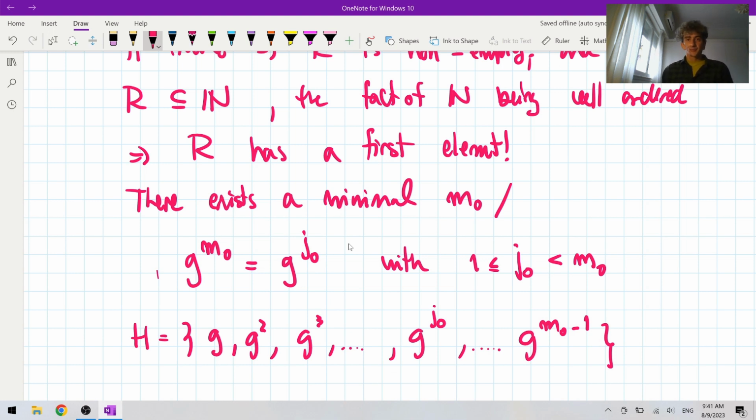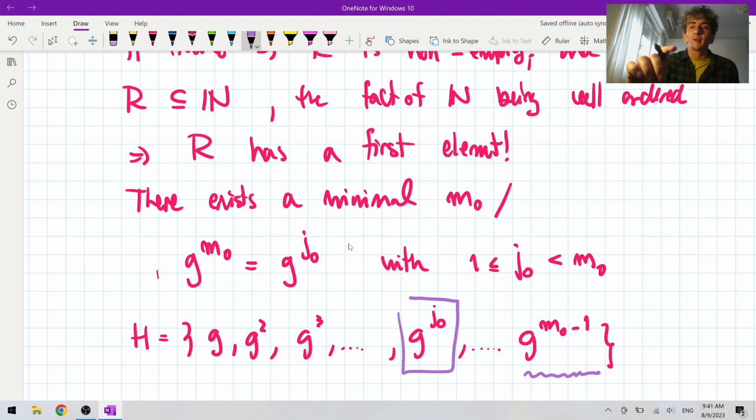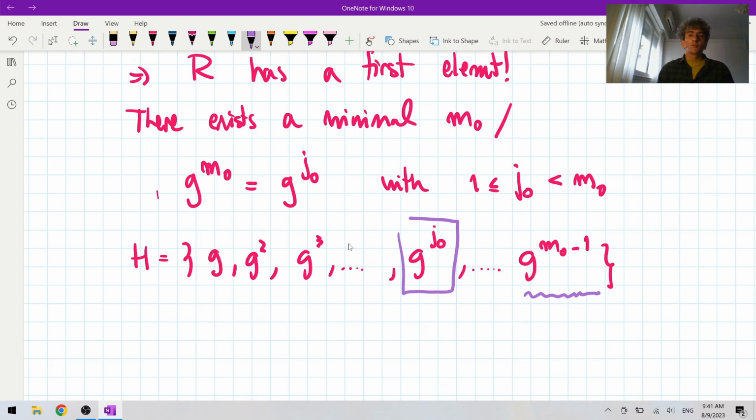These are all the different powers that appear in H. The next power of G, that would be G to the M naught, is actually this guy. But we can say more about this. Maybe we can be more specific about the shape of H.